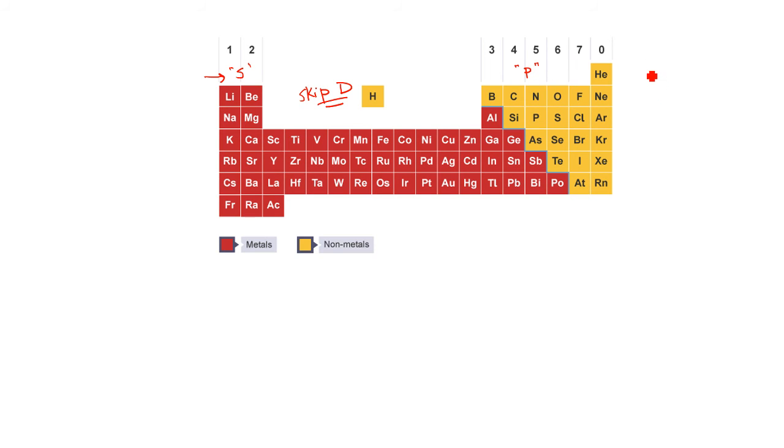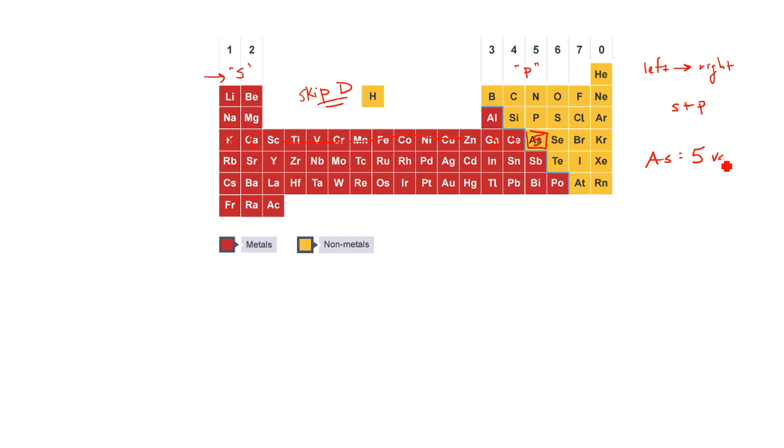If you can count from left to right, S plus P's, then you will know your element's valence electrons. So if I wanted to find out arsenic's, I could just know that he's in the 5th group, or I could start over here and count 1, 2, skip, 3, 4, 5. So he's got 5 valence electrons, so arsenic would have 5 valence.